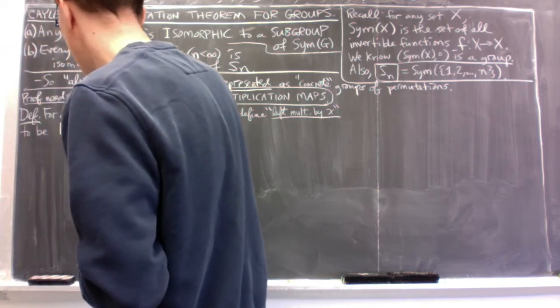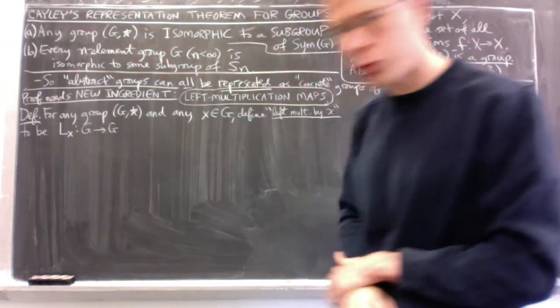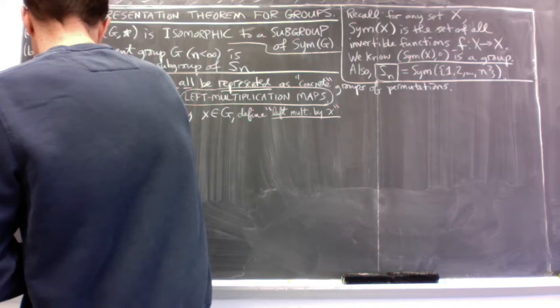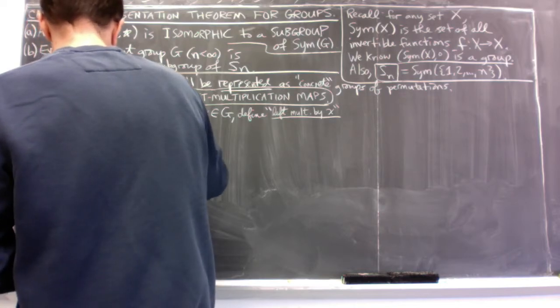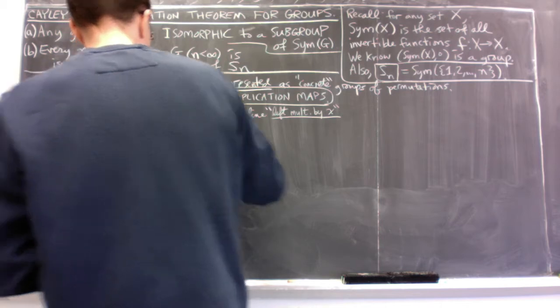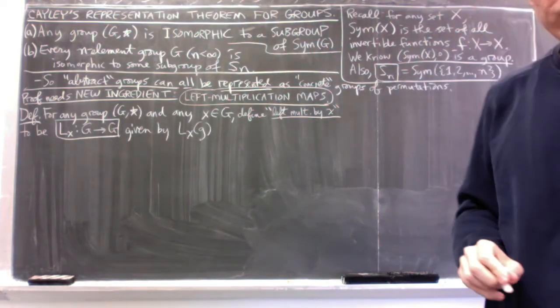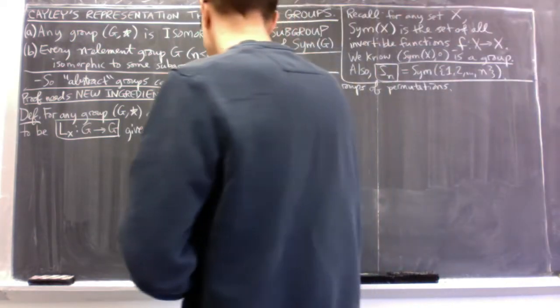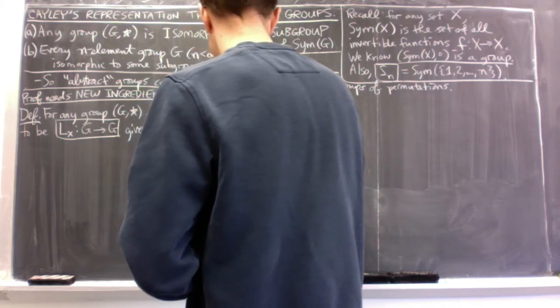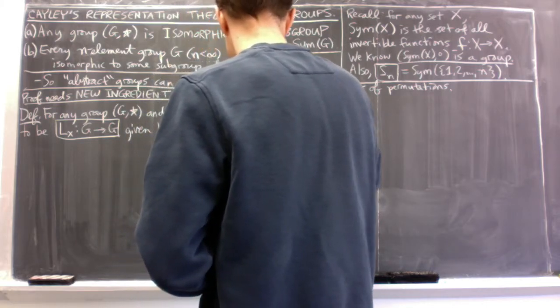L sub x is going to be a function with domain and codomain G. Inputs and outputs are coming from the group G. And how is this function defined? By definition, L sub x applied to input little g produces output x star g, for all g in G.